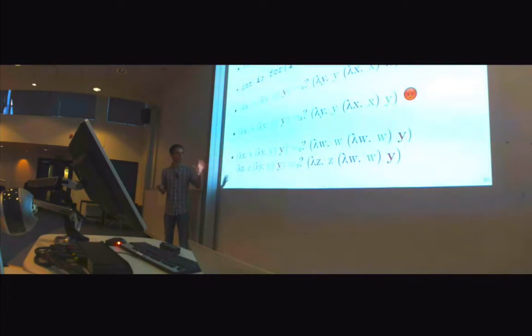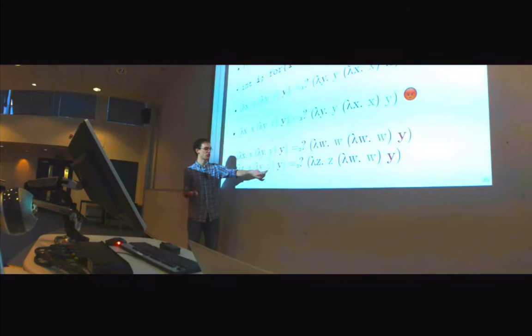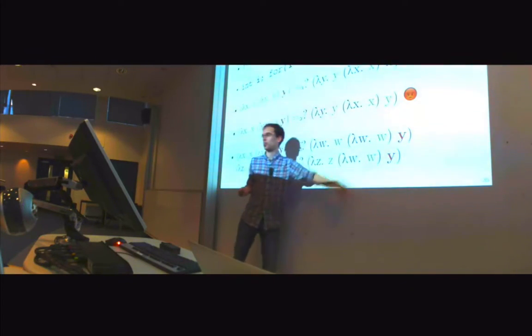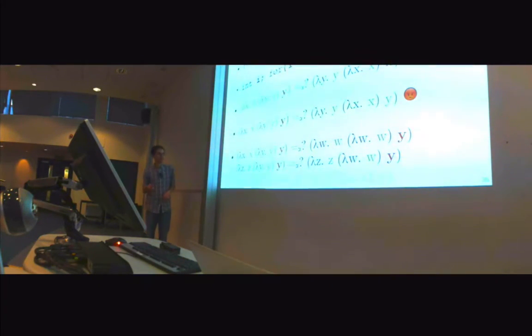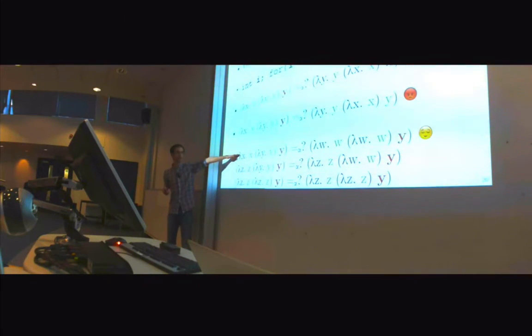Let's rename both y and w to some new, fresh variable. In fact, z is a good choice here, again, because z doesn't occur inside here, it doesn't occur inside here. So let's stick with z. And there we go, we've made the two terms become completely identical just by renaming bound variables. And so the original term up here is alpha equivalent.